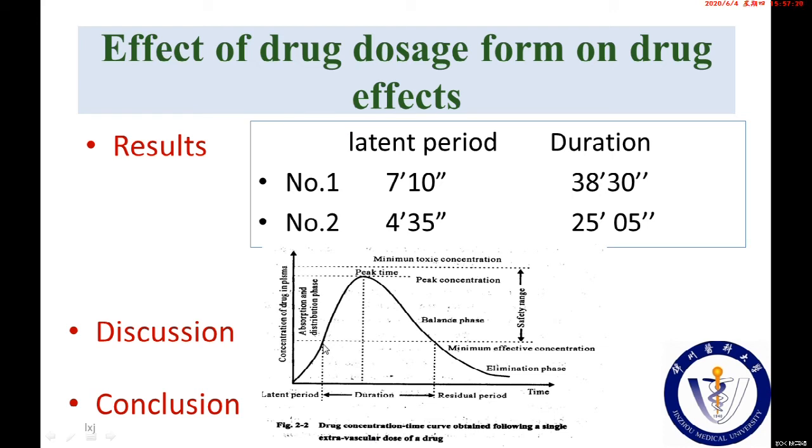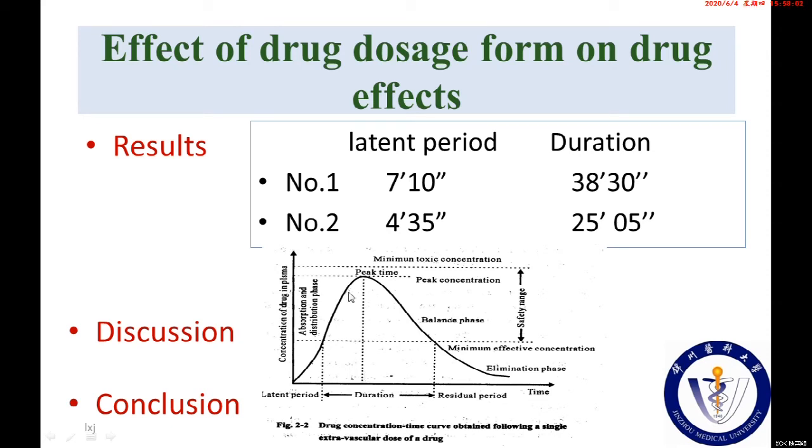I think here maybe you are clear. Because pentobarbital sodium in solution can be absorbed relatively faster than the drug in mucilage, the time required to reach Cmax, the peak time, is relatively shorter than for the drug in mucilage. The drug in solution has a peak time shorter than the drug in mucilage.